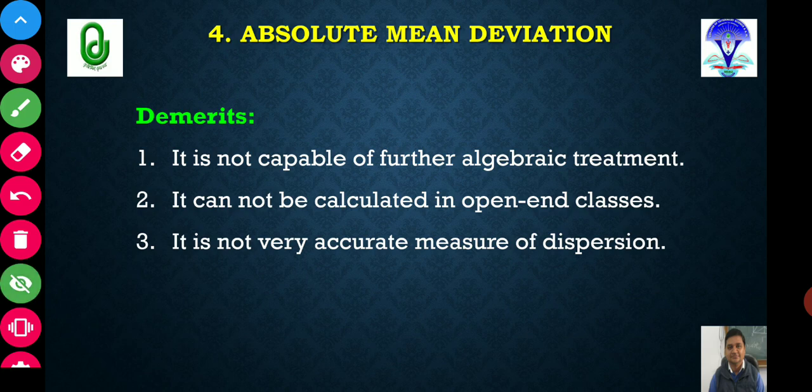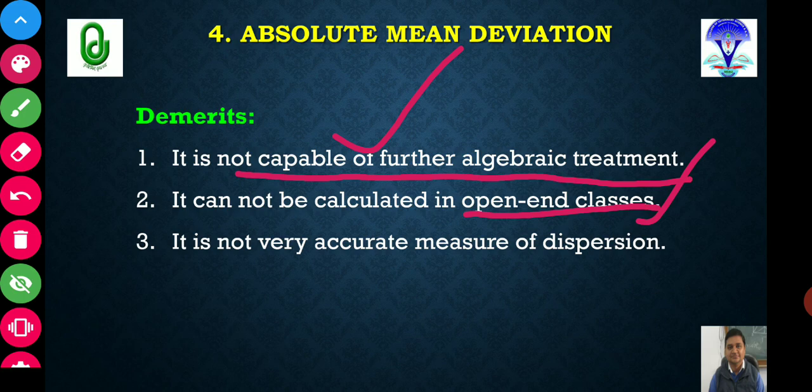Now what are the demerits? It is not capable of further algebraic treatment. There are many measures of dispersion on which further calculation can be performed, but with absolute mean deviation you cannot go for further algebraic treatment. It cannot be calculated in open-ended classes. So this is also a demerit.